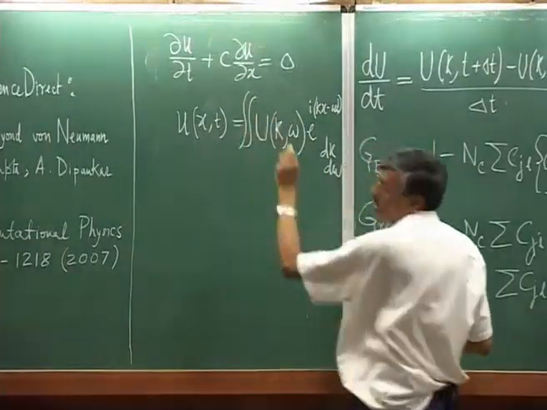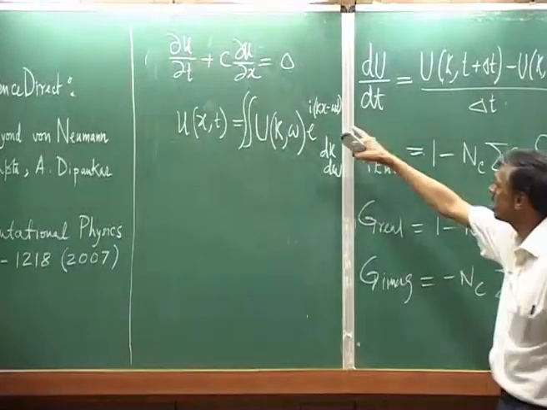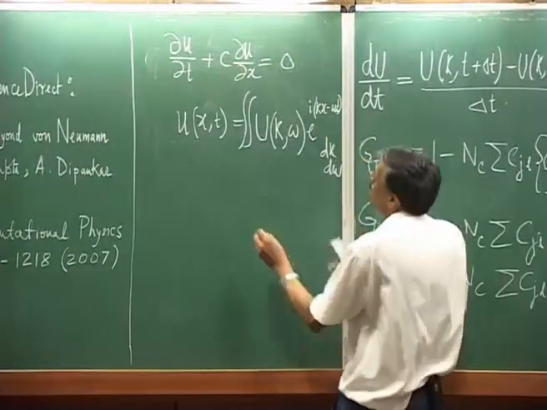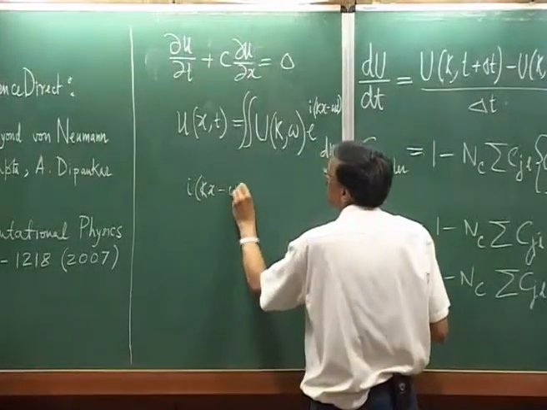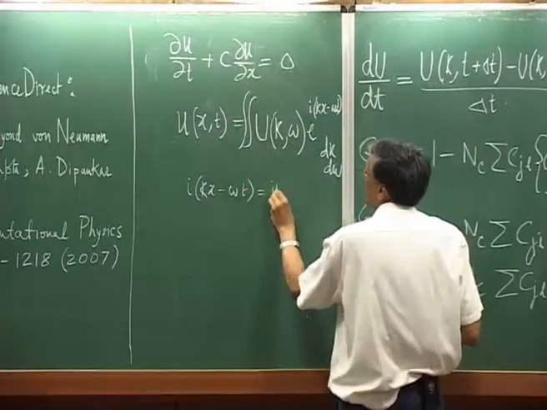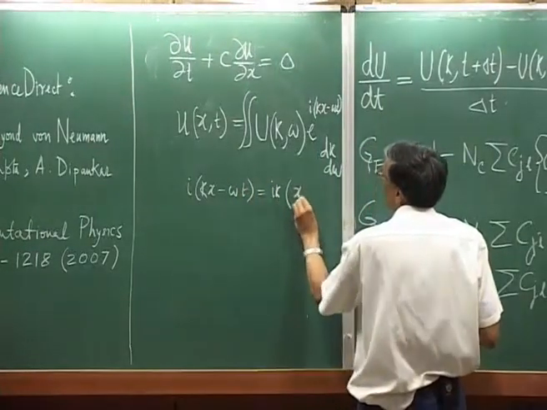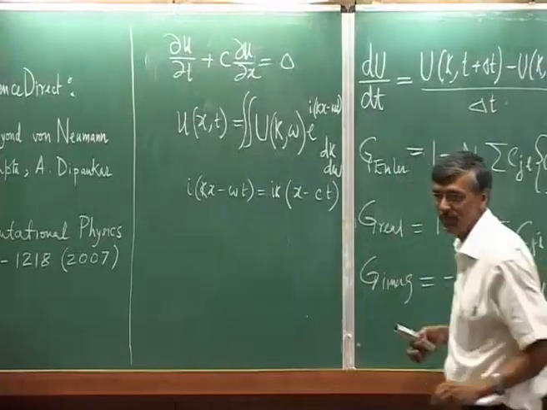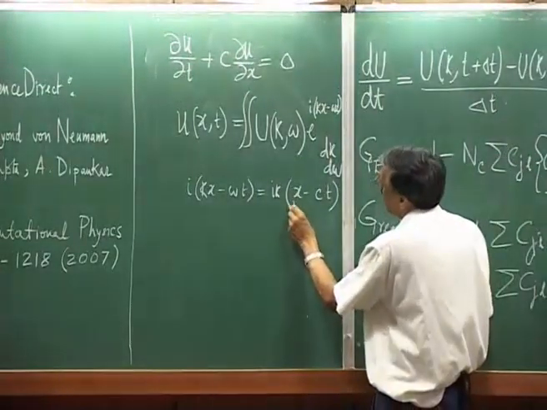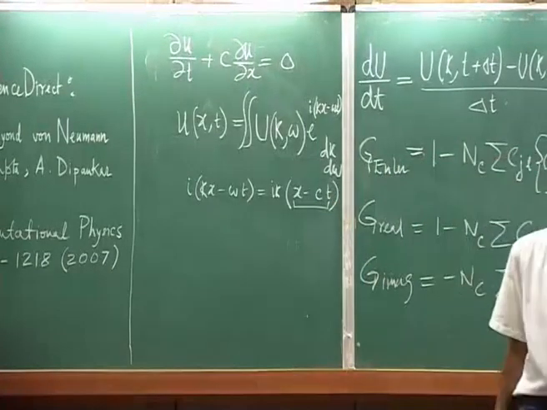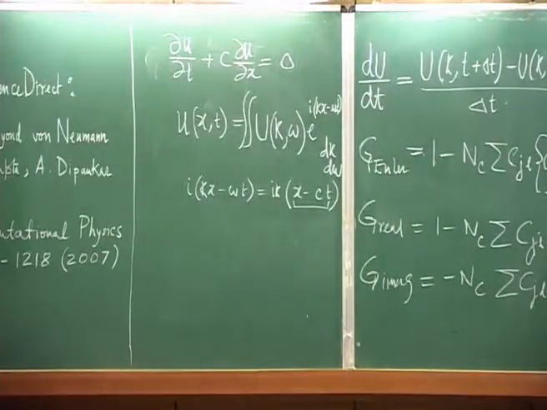So, that is what I will get. And you can see the phase path. The phase path is I k x minus omega t. So, if I take k out, I will get x minus c t, right.